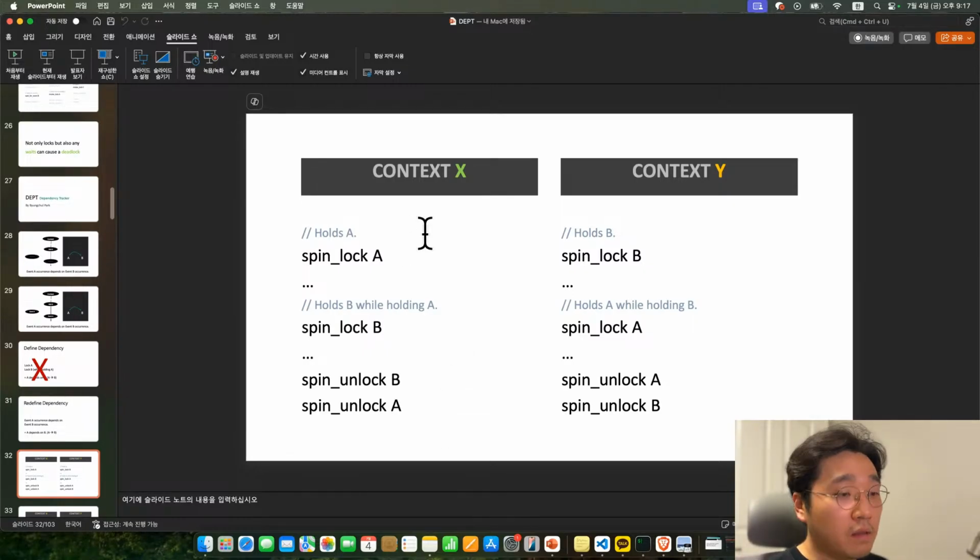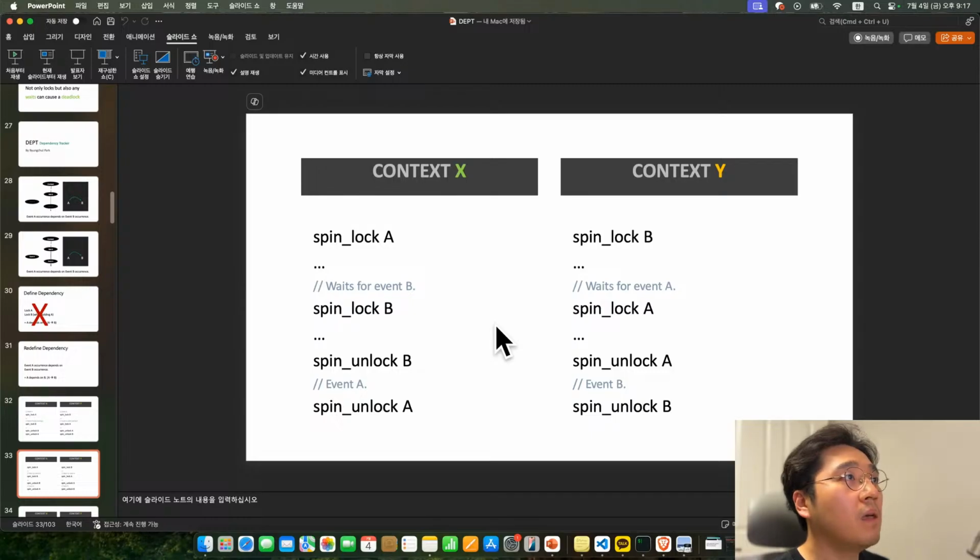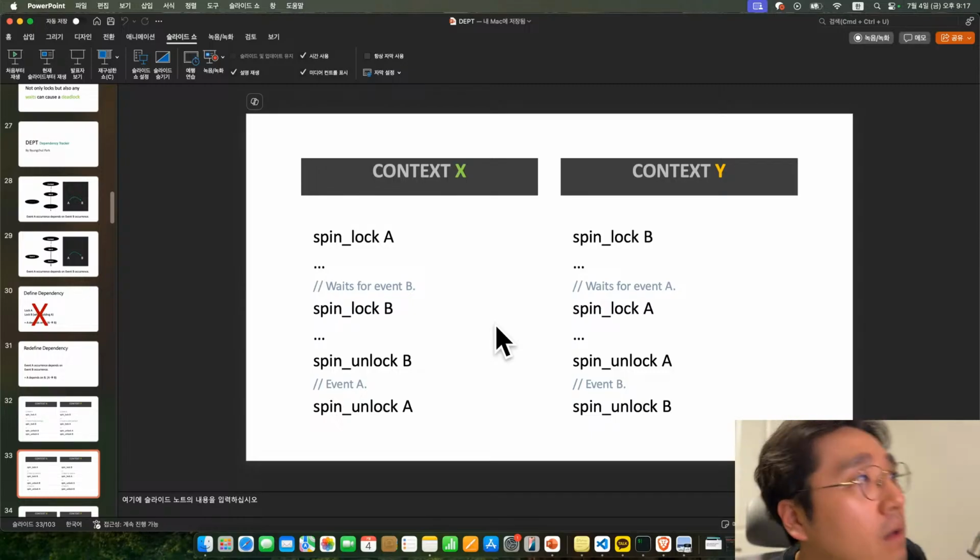So this is the definition from Lockdep. Hold A, hold B, right? So context Y wants to hold A, but it is held by context X, and vice versa. So A, B, B, A, deadlock. But we redefined this concept.